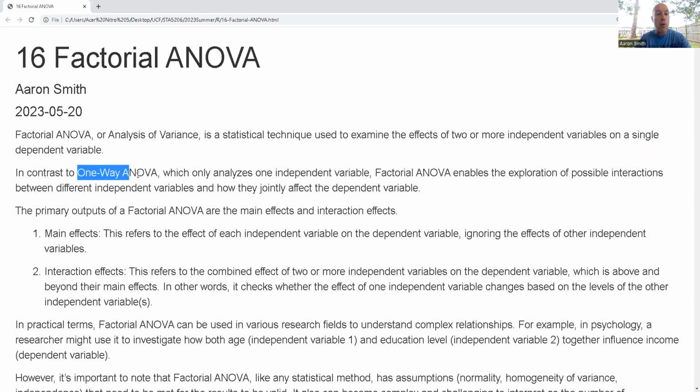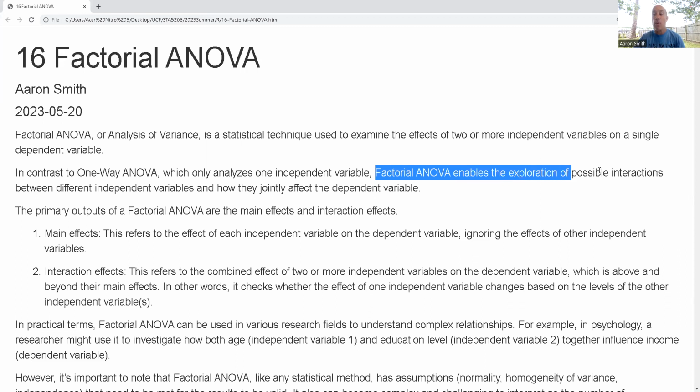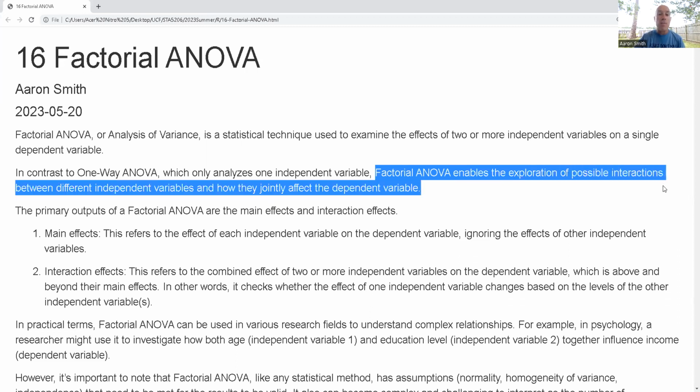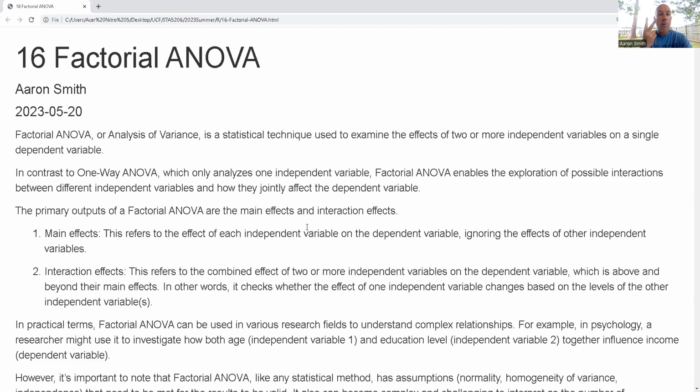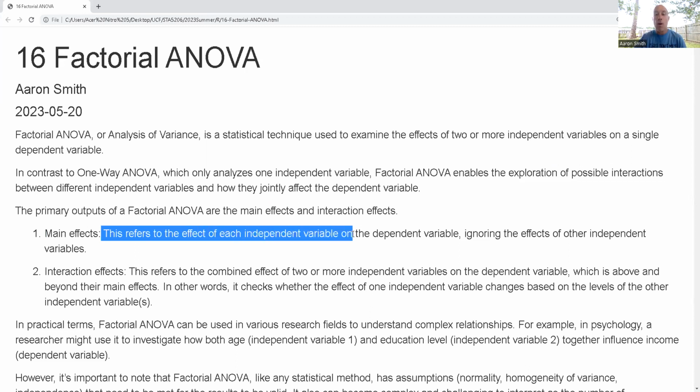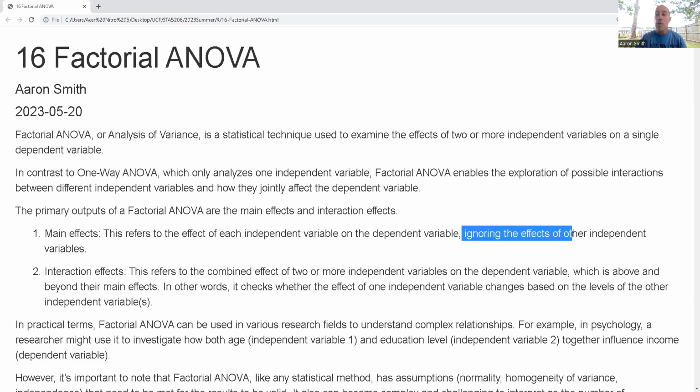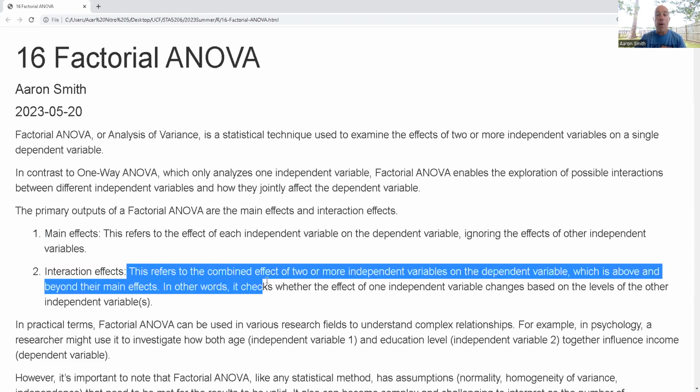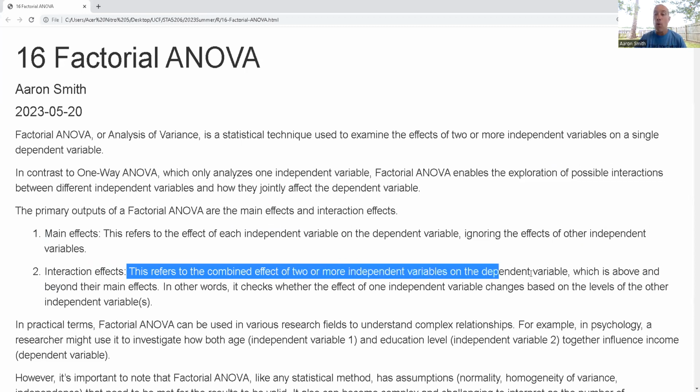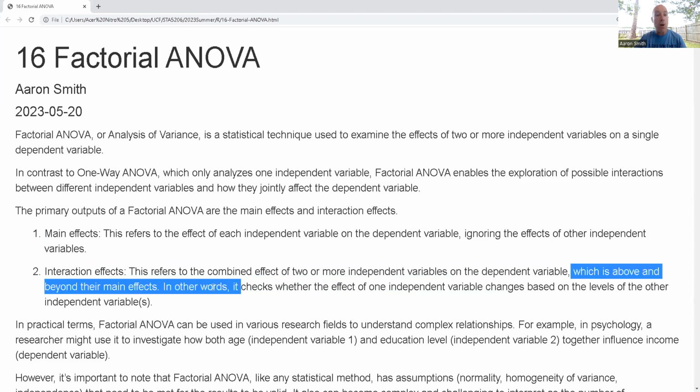In contrast to one-way ANOVA, which analyzes only one independent variable, factorial ANOVA enables the exploration of possible interactions between different independent variables and how they jointly affect the dependent variable.